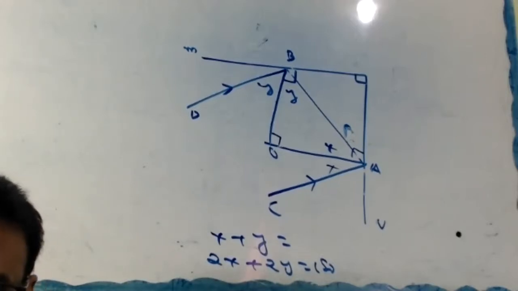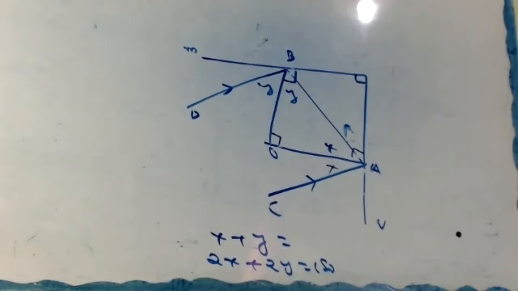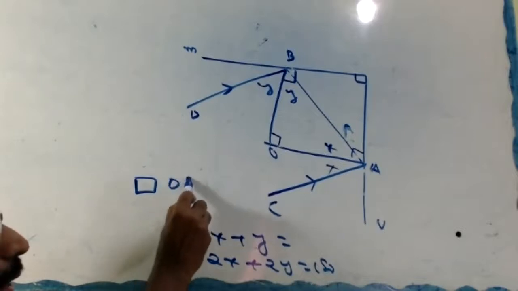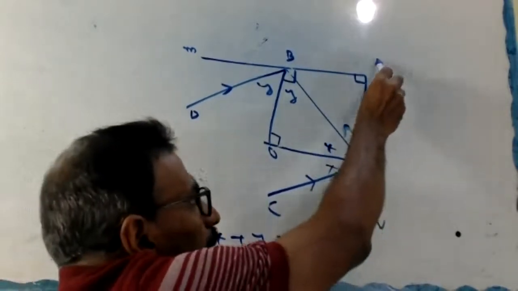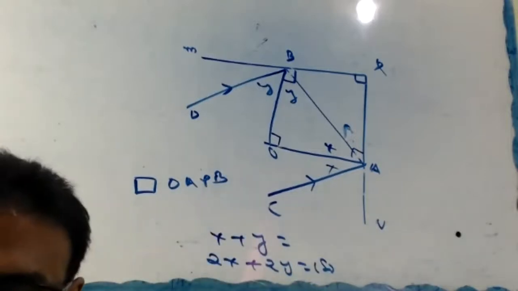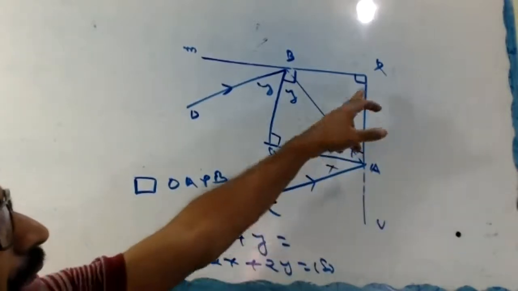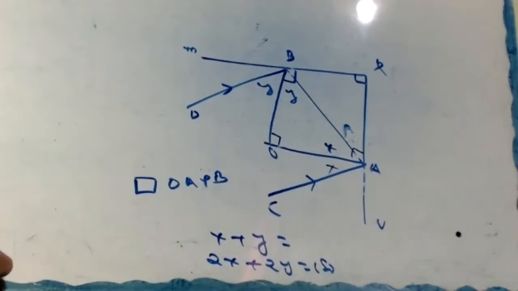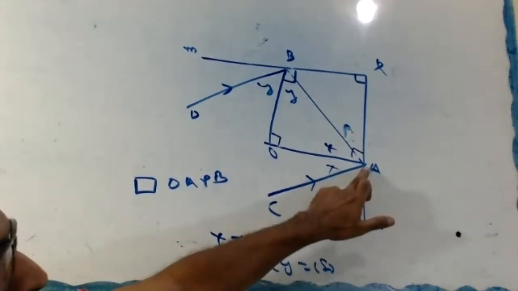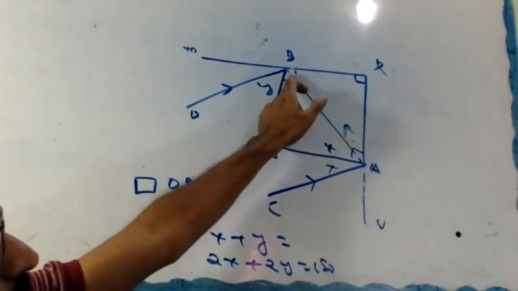Okay. Then in quadrilateral OA, we can give one name P: OAPB. Angle A is 90 degrees. Angle A equal to angle P equal to angle B, 90 degrees.